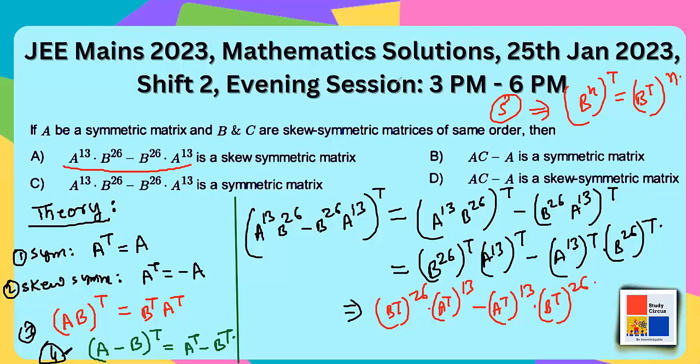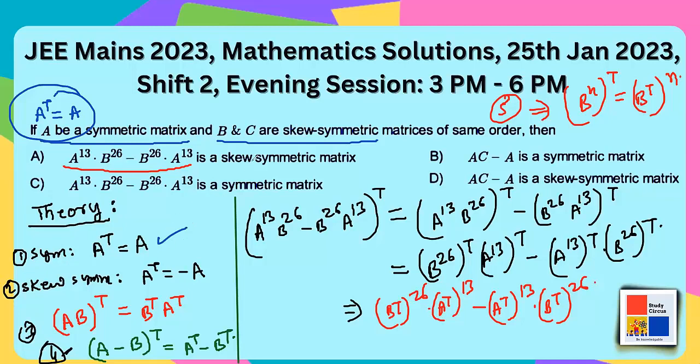Now the question says A is a symmetric matrix, and B and C are skew-symmetric. Meaning simply that A transpose is the same as A, from the symmetric matrix definition.